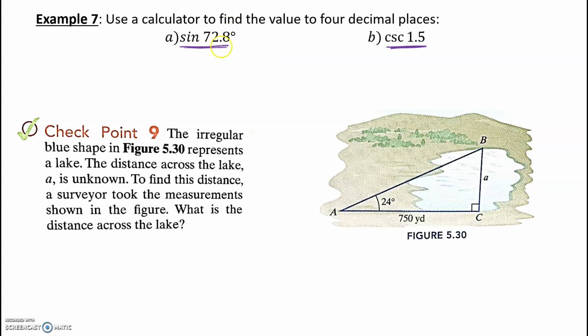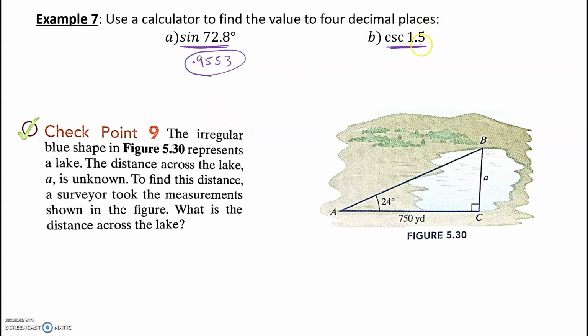So when you're in degrees, you would type in exactly as you see it, sine 72.8, make sure it's in degrees, and you should get, to 4 decimal places, 0.9553. Again, make sure your calculator is on degrees, and you should be fine.